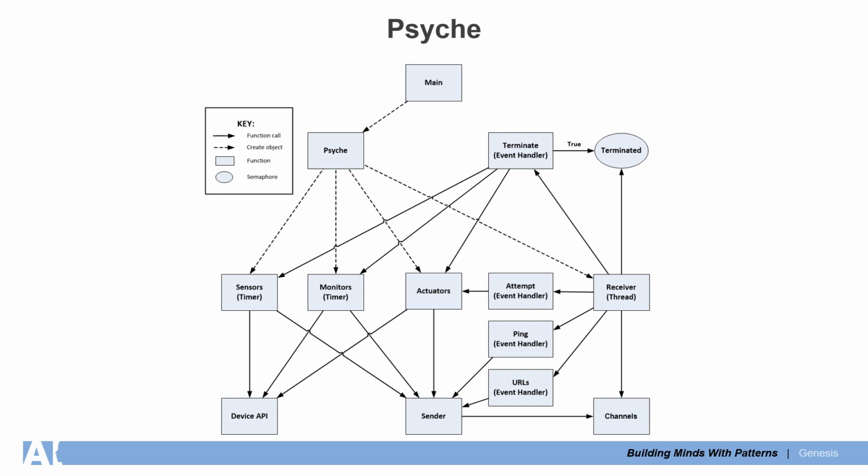The sensors and monitors would be pre-configured on timers. A sensor is a device that takes input from the external world, whereas a monitor is a device that takes input from the internal device itself.